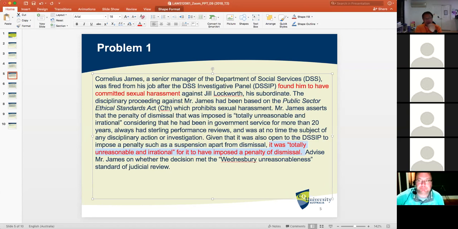If he were to make that kind of argument, he admits he committed sexual harassment. There is evidence. He admits that, but he's saying, given his sterling performance, a penalty of dismissal is unreasonable. It shouldn't have been imposed. How do you suppose the courts will look at that kind of argument?